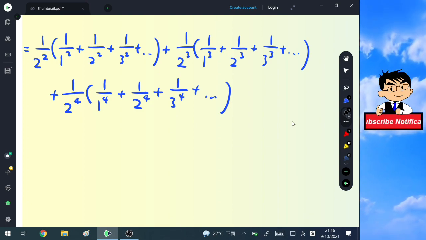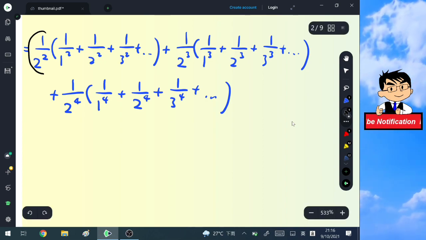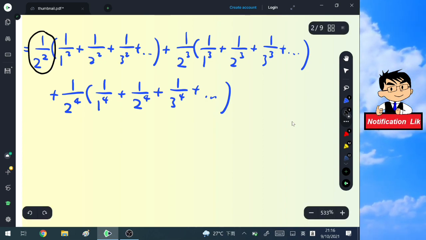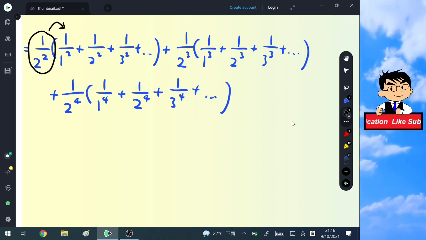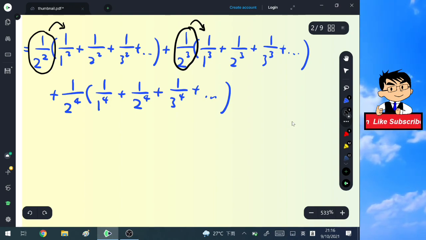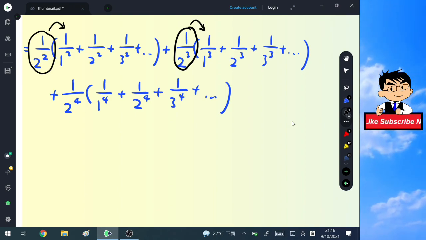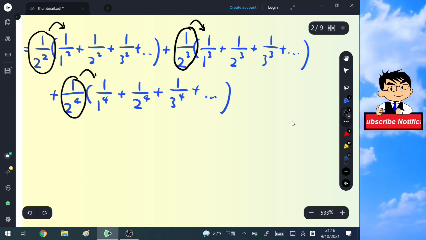We can see that there is a 1 over 2 squared multiplied into the first term, which is 1. And we have the same pattern in the second term: we have 1 over 2 to the power of 3 multiplied by 1.